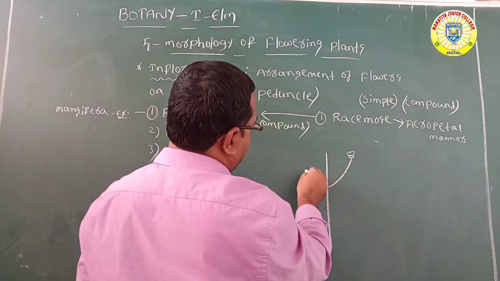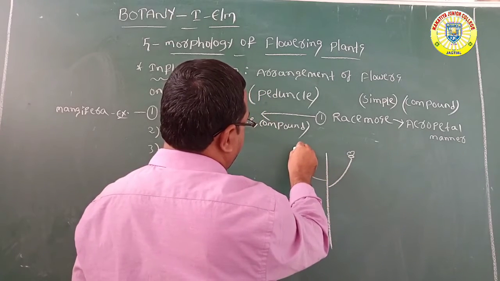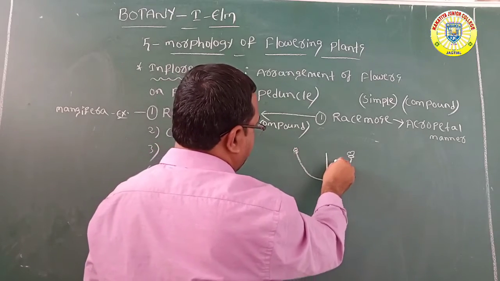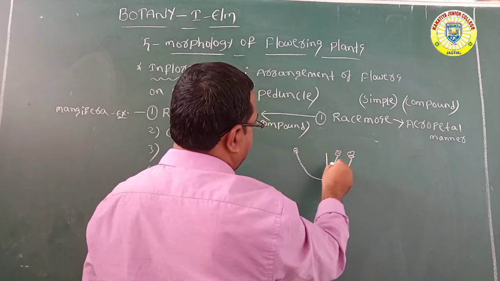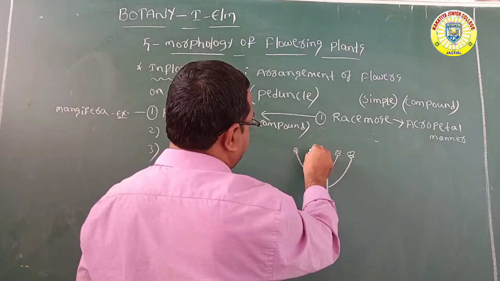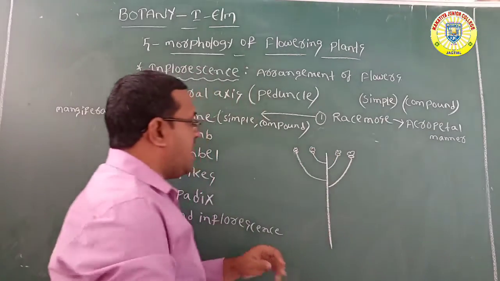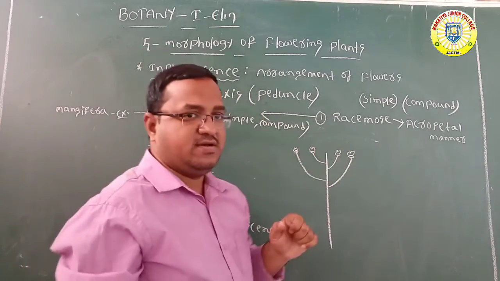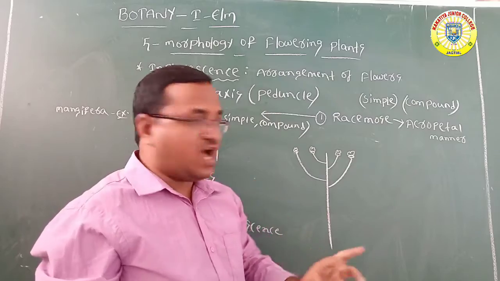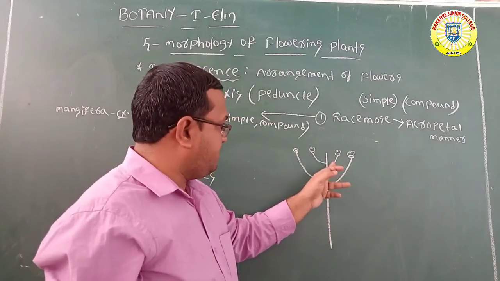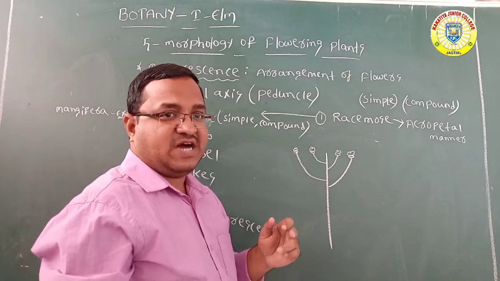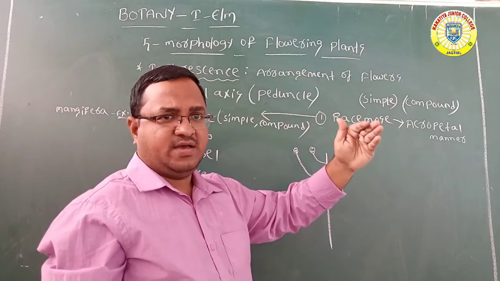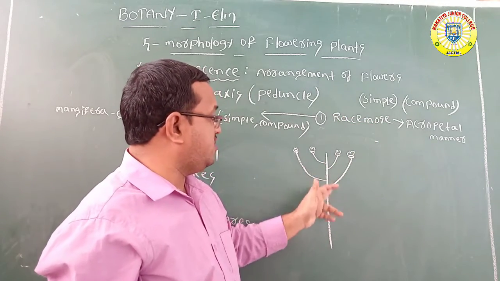Here also you can see the pedicel. So all flowers are brought to the same height because of the varied length of the pedicels. Here the pedicel length is more, here the pedicel length is very little. All these pedicels are arranged on different nodes.